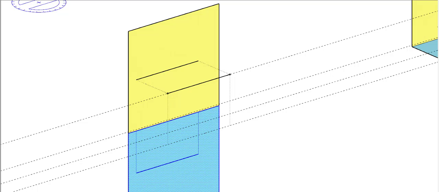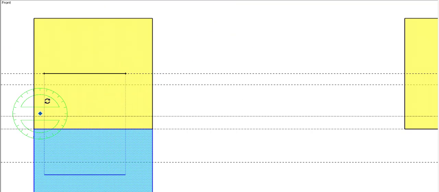And if you are viewing it from the front, this will be your orthographic projection. The orthographic projection for that particular line which was parallel to the vertical plane as well as the horizontal plane: this will be the front view, while this will be the top view.